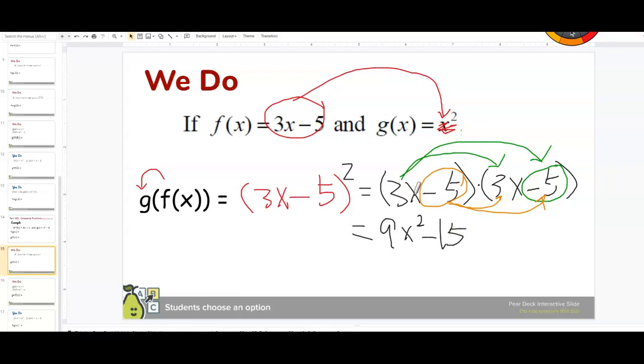X part, you only have one x here, nothing there, so only one x. Next arrow, negative 5 times 3x. Number part, negative 5 times 3, negative 15. X part, you only have one x, nothing there. Finally, negative 5 times negative 5, negative 25. Okay. And next, combine like terms.